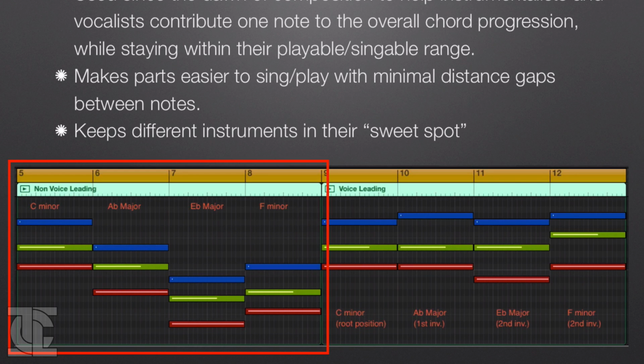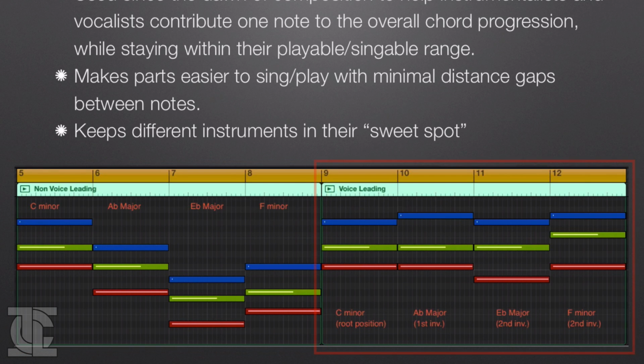Not only that, but the overall frequencies of that chord are going to move drastically as everybody jumps down an entire fourth and an entire third and then back up another third. If you look at the voice leading example, these are the exact same chords with basic inversions that help the vocalist or instrumentalist sing through their part.